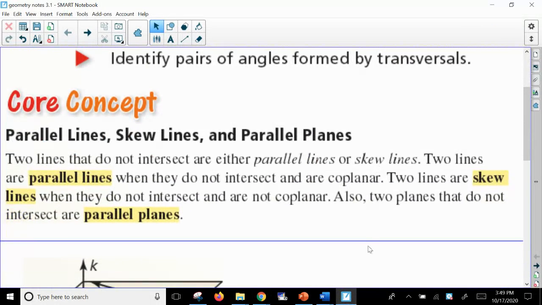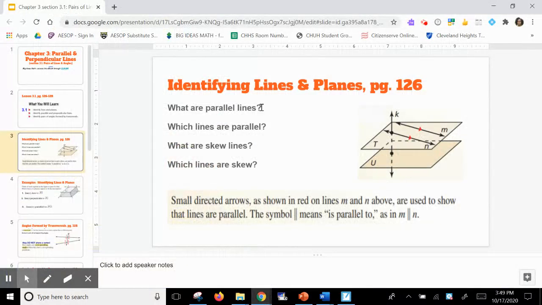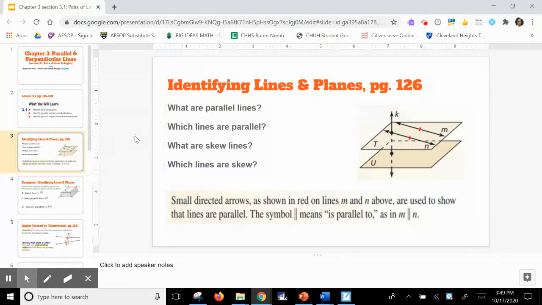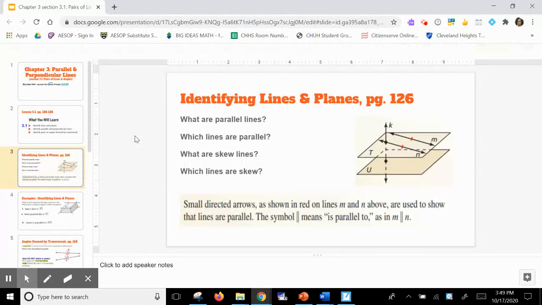So let me change screens for a second. On your slide, you can either click in here and type what parallel lines are. They are lines that are on the same plane but never intersect. Or you can add a text box.